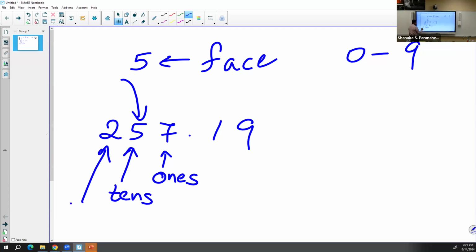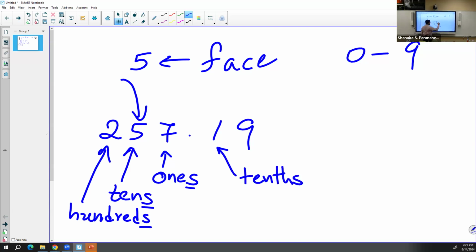This is in the hundreds. Those place values end with S. So this is the decimal side of the digits, and this place value is called tens. This is called hundreds.